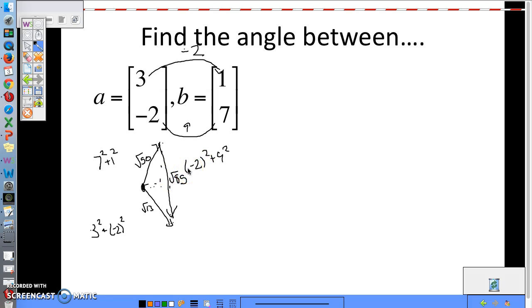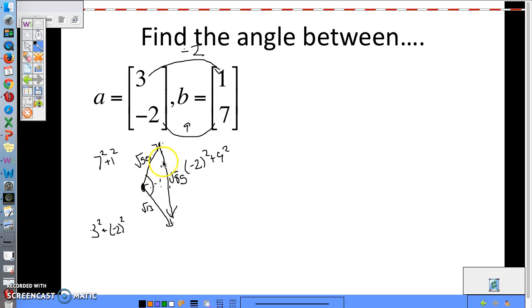And now what we have to do here is find this angle. And we're going to go back to something we did 2 chapters ago, the law of cosines. So let's see if we can set that up here.